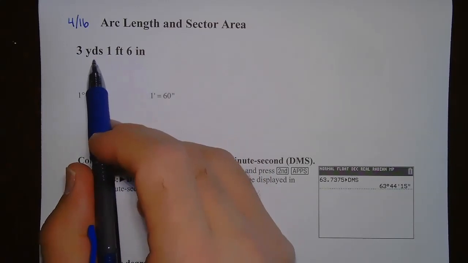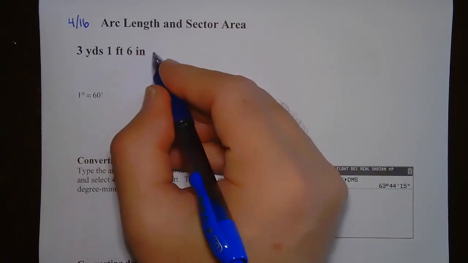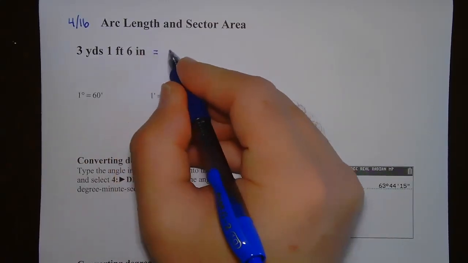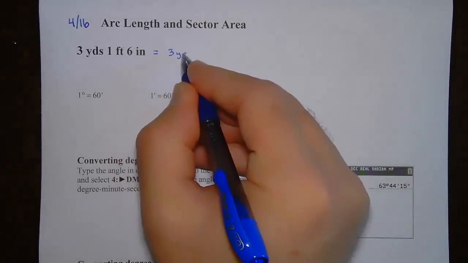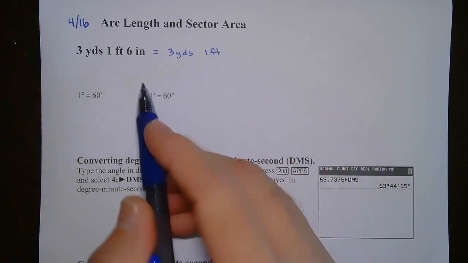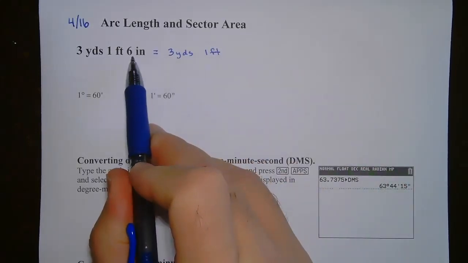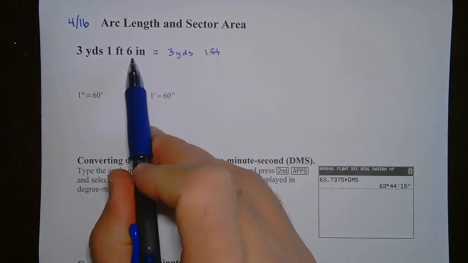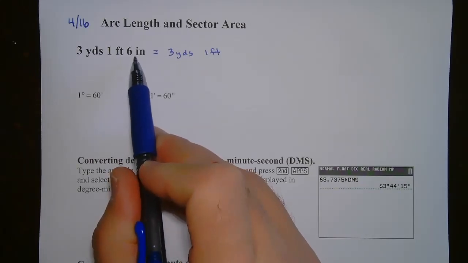This is equivalent to 3 yards, 1 foot, and we start to work on converting the 6 inches. Well, 6 inches is really how many feet? It'd be half a foot, or 0.5 feet.